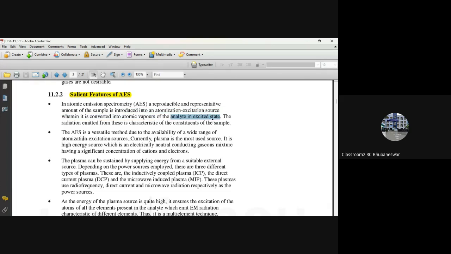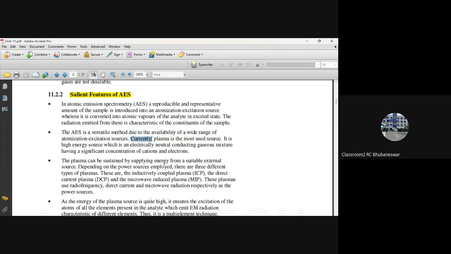And AES is a versatile method due to the availability of a wide range of sources. But the thing is, you need to search for the sources again and again. So that is the difficult part. But the atomization excitation sources are there, so you can change them and detect the various elements.